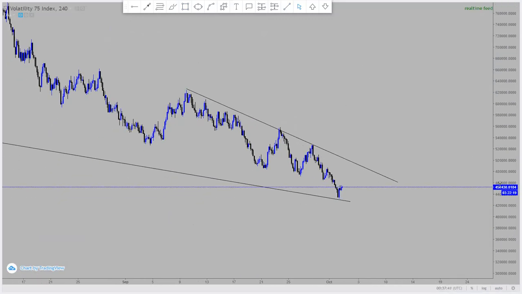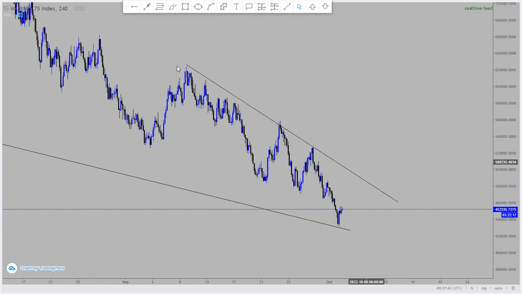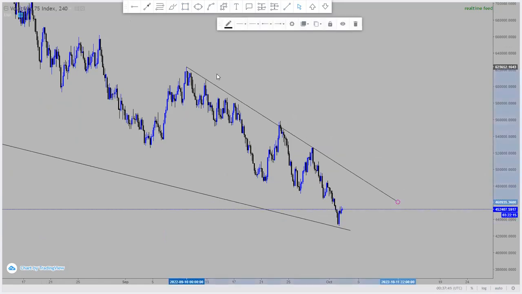So 4 hours, right. On the 4 hour, I just want to define this trend line so that we look for the most recent areas, right?